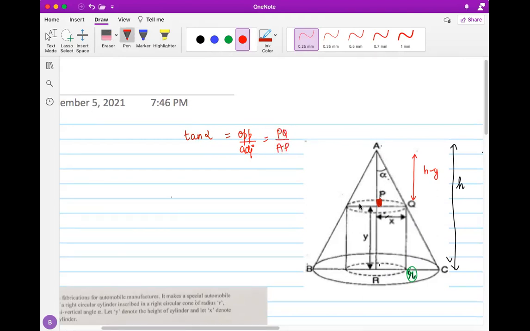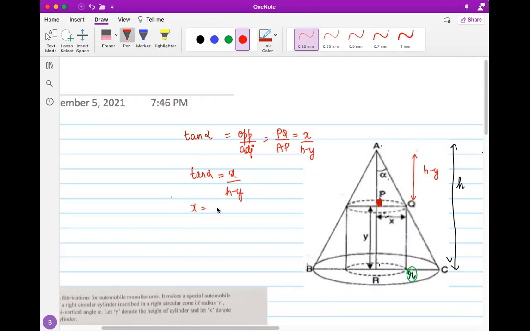Now PQ is X and AP is H minus Y. So tan alpha is equal to X divided by H minus Y.